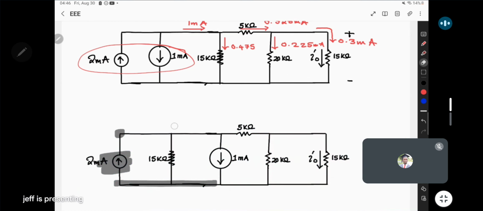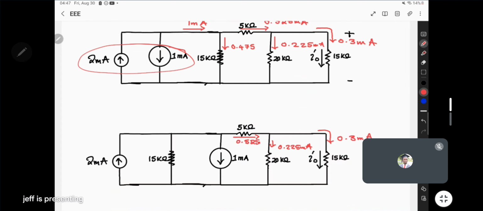But what doesn't change is the fact that here, this is still 0.3 milliamps. It doesn't change the fact that the current coming down here is 0.225 milliamps. Also, the current going this way is still 0.525 milliamps.